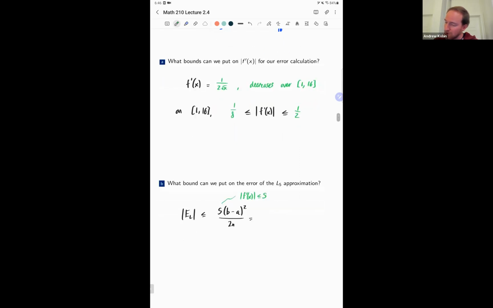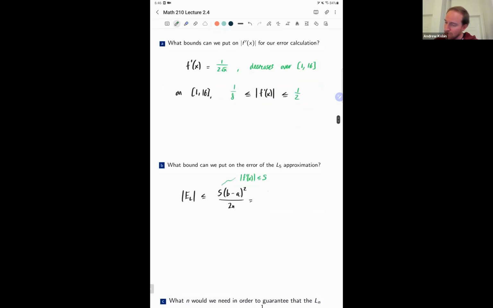Let's plug things into this formula. S is 1/2. I'm taking that from up here. B minus a, let's see, we were going from 1 to 16. So this is 16 minus 1 quantity squared. And then 2 times the number of rectangles. L5 has 5 rectangles, so the denominator will be 10. Let's work this out quickly to see what the error bound is here. The worst case scenario, let's see, 15 squared is 225.